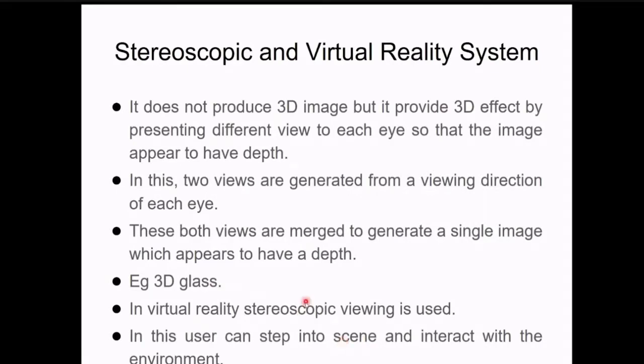Okay, so stereoscopic viewing is used if the user can step into the scene and interact with the environment. So again, we have one more term over here that is stereoscopic. What it says is you are dealing with a scenario or scenery, and you are trying to interact with it.